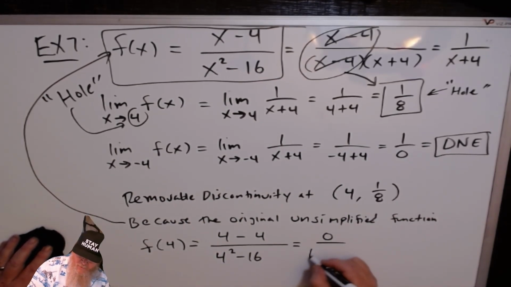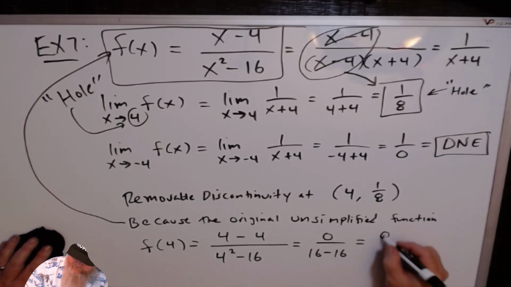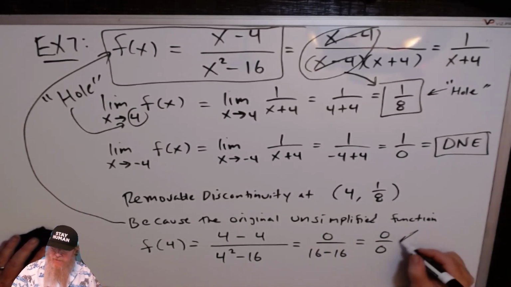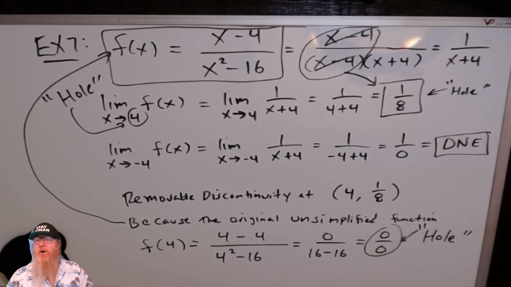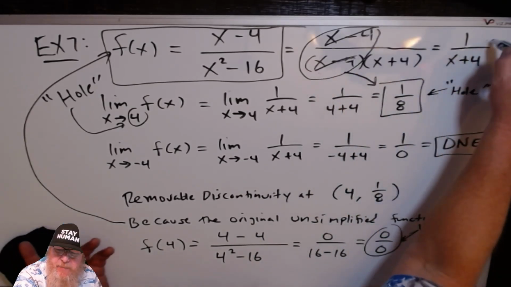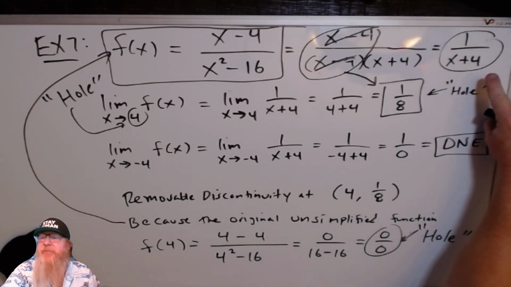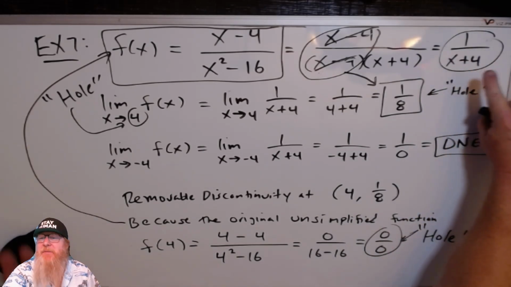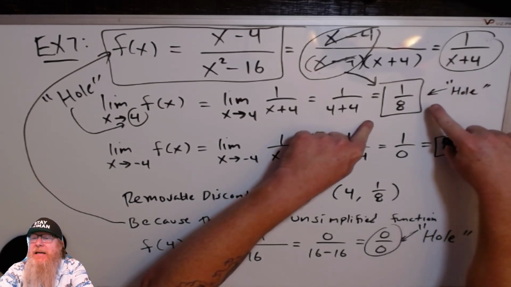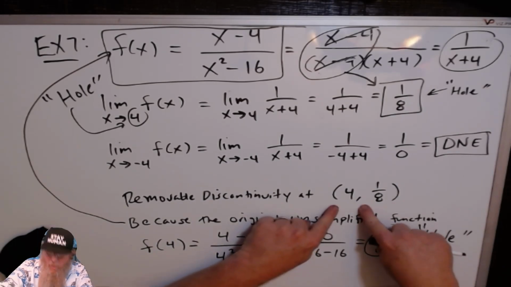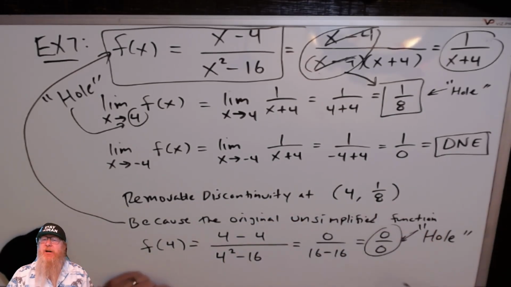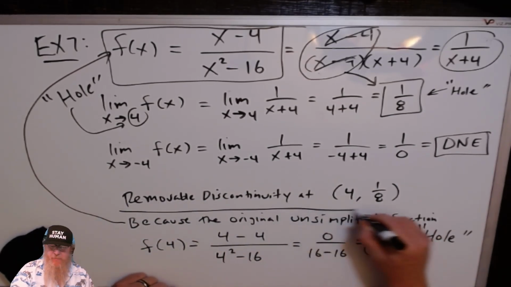It's not too surprising: 0 over 0. And that causes that hole. I've canceled out the factor. I got a simplified version of the function, so that's how I get the 1/8. But I don't actually have a dot at that point. I have a hole or a removable discontinuity at that point.